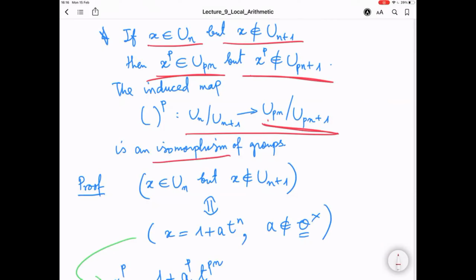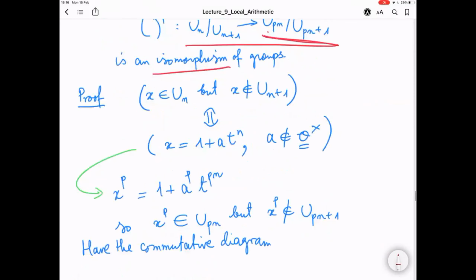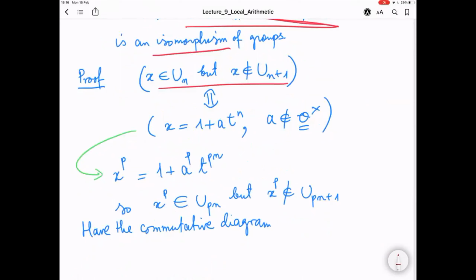And the claim is that this is an isomorphism of groups. And here's the proof. To say that x is in Un but not in Un+1 is the same as saying that when I write it as 1 plus a times t to the n, where a is of course in O, it's not in the next one is the same as saying that, oh, wait a moment.